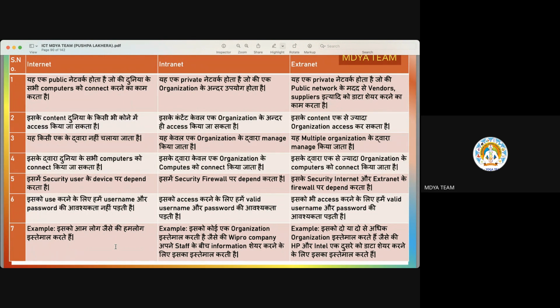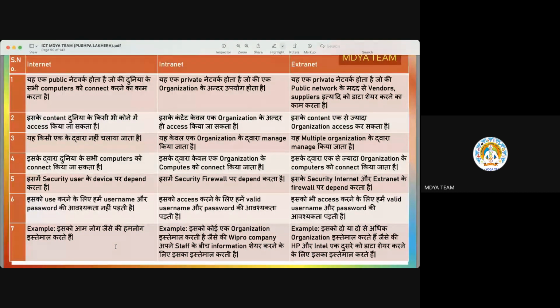Only those people can access. Now, in extranet, there may be more organizations, like some petrol company or some computer company.